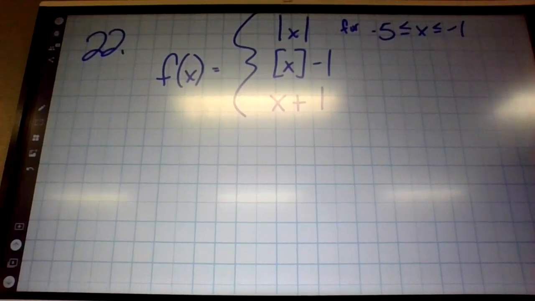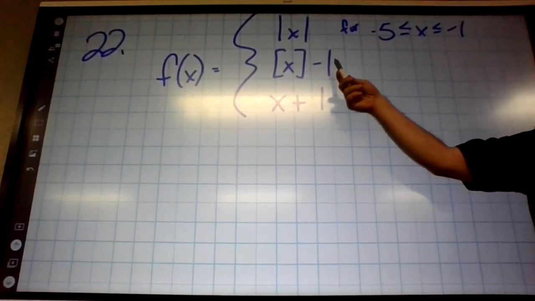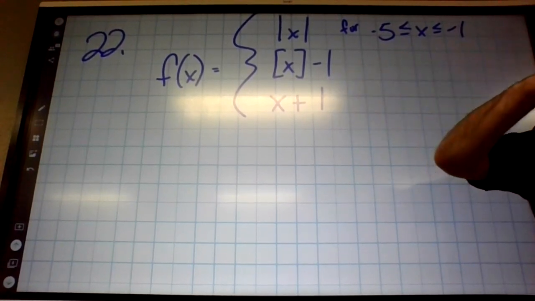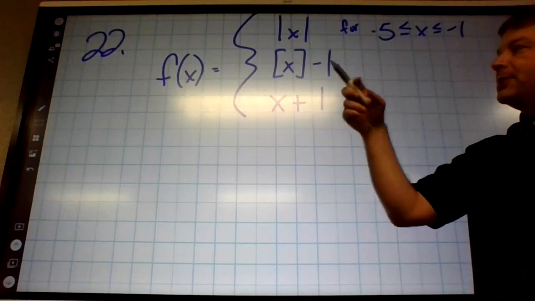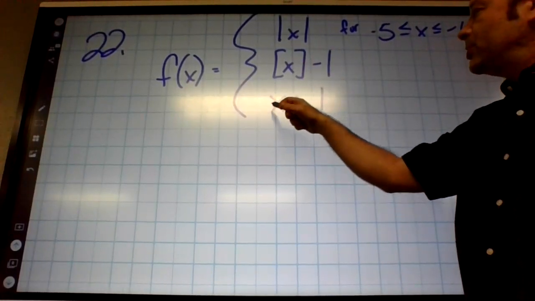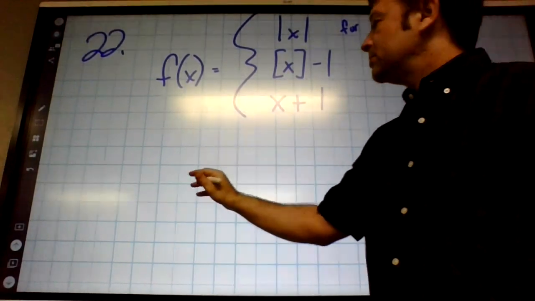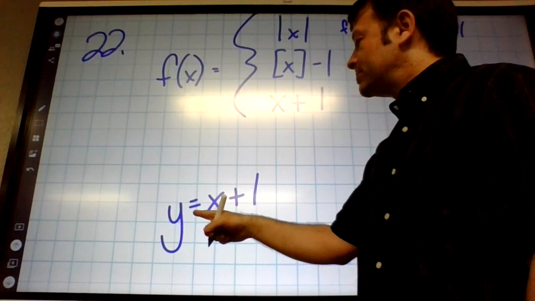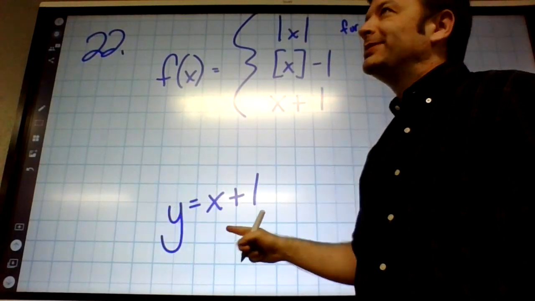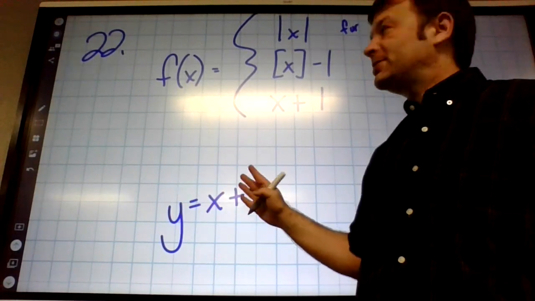I'm gonna use that picture to help me graph it. What do you think this -1 would do to that graph? It's just gonna move the stairs down one step. And then what's this part gonna look like when we graph it? It's basically just y equals x plus 1, y equals mx plus b, it's a line.